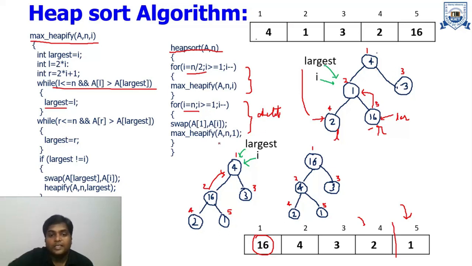So that's why we always use swap A1 comma A I. And then again we call the max heapify method, that is A comma n comma 1. Why do we pass 1 over here? Because this root node will be swapped with the last node. So that's why we pass 1 as an argument.